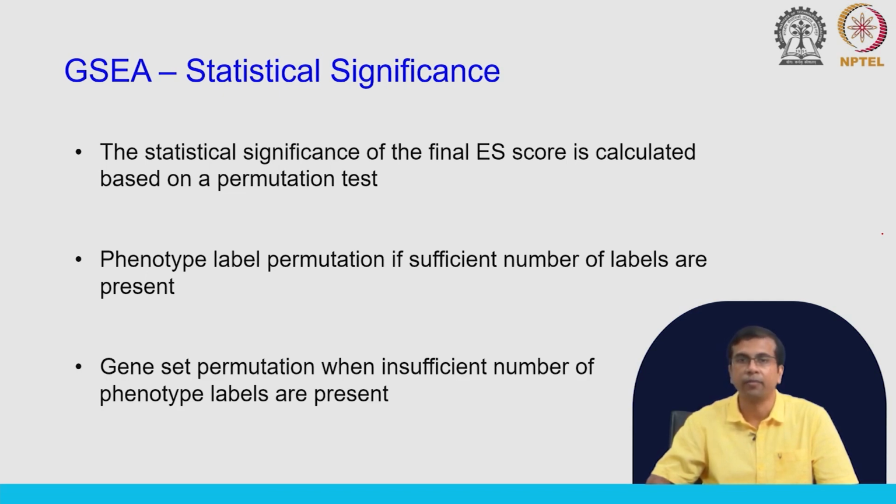When you do not have enough phenotype labels, you permute the gene sets that you are working with, keeping the size of the gene set the same. You do not change the size of the gene set. So, let us say in a gene set you have 15 genes, you keep the size the same, but you permute the genes and then again calculate the enrichment score.